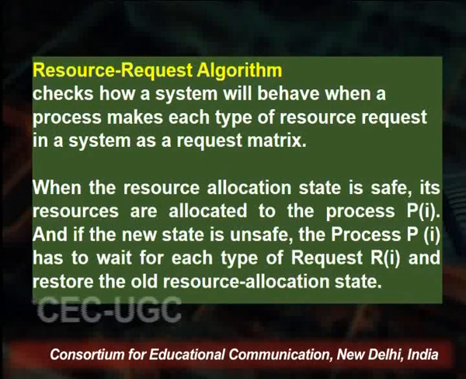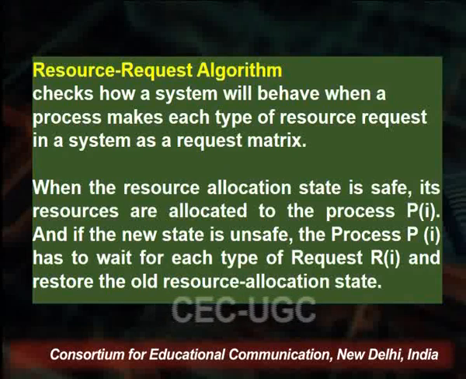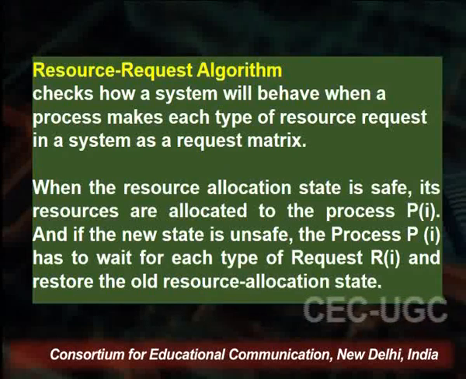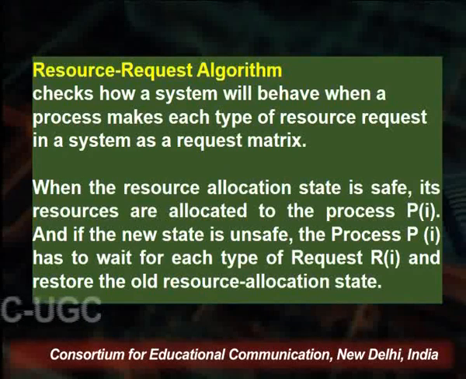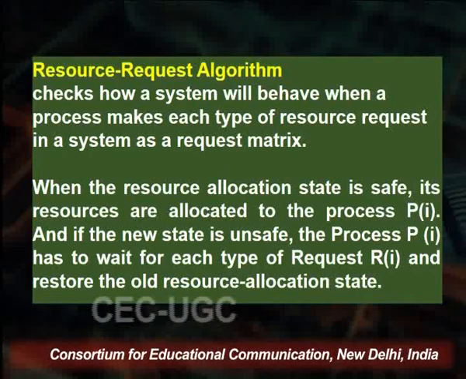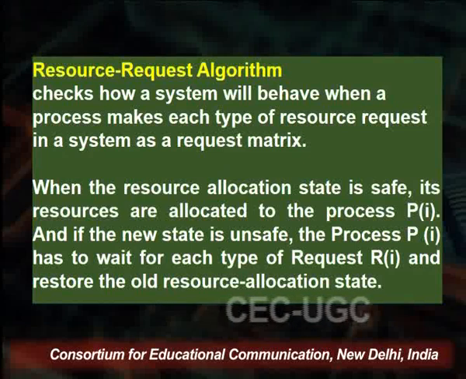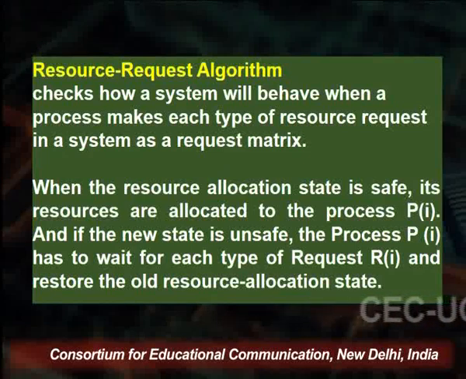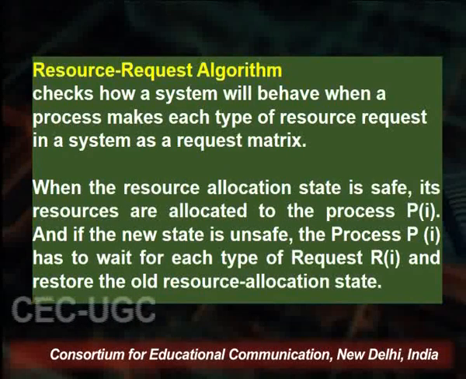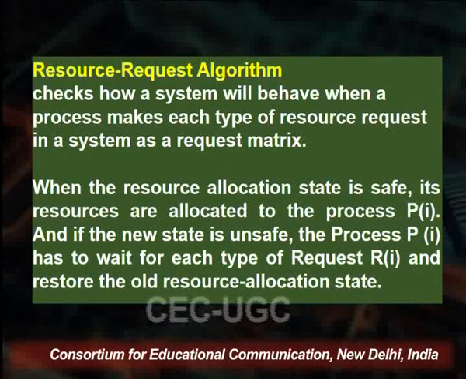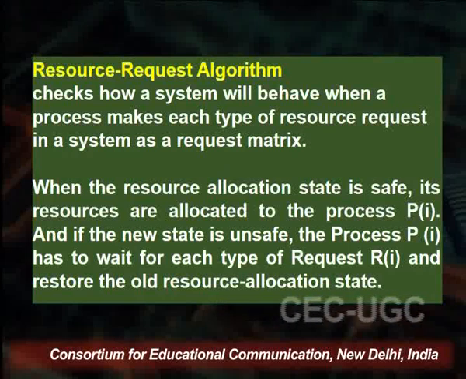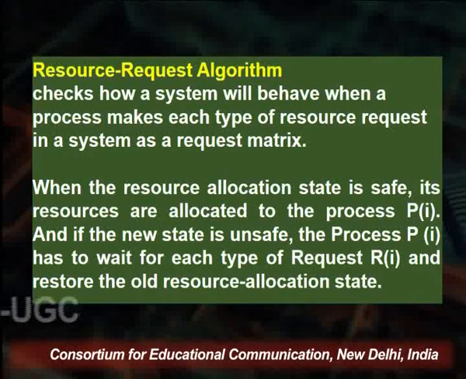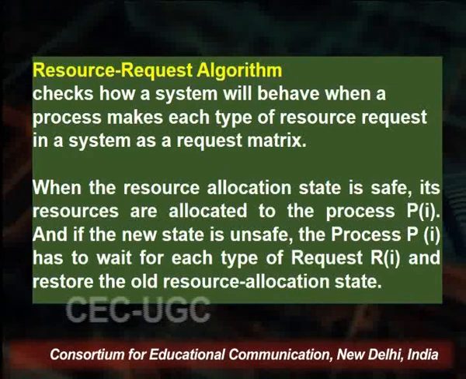So, when the resource allocation state is safe, the resources are allocated to the process Pi, and if the new state after allocation leads the system into an unsafe state, we will make the process Pi wait and restore the old resource allocation state. That means we will not proceed with the resource allocation.